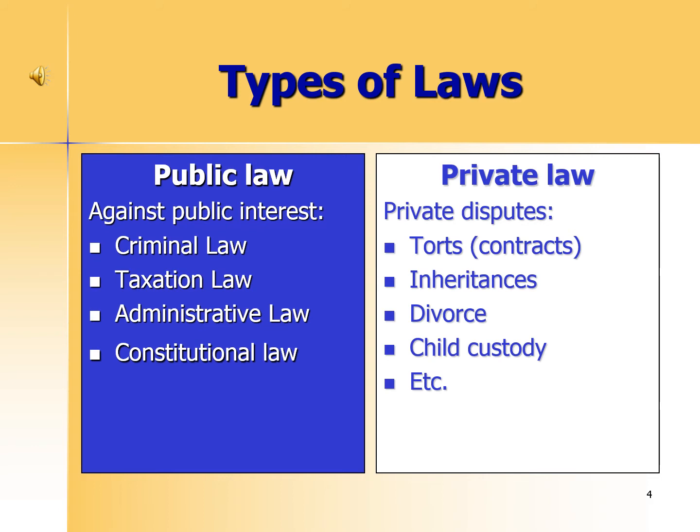Now, when you compare criminal law to, say, civil law, criminal law is basically between the state and a private citizen, while civil law or private law is between two private entities, whether those two private entities are citizens or companies or governments, or between a citizen and a government, such as a citizen suing a government.